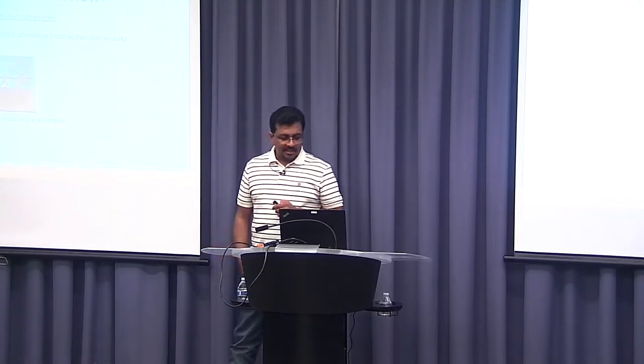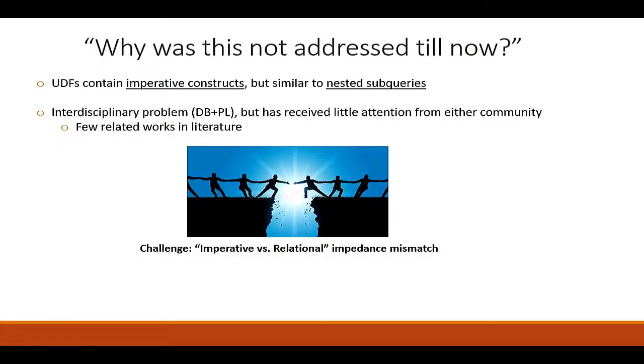But to summarize, the key challenge here is this impedance mismatch between two paradigms. There is the imperative programming paradigm where you're expressing logic through variables, conditional branching, loops, and things like that. And the relational paradigm which deals with relational algebra and relational operations like joins, aggregates, projections, and so on.